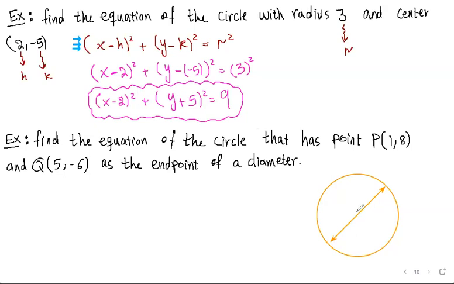Suppose this is my diameter, this line, and this is the first point and second point. Suppose my first point P is (1, 8) and the second point Q here is (5, minus 6). So how can I find the equation of this circle that has the endpoints of the diameter P and Q?